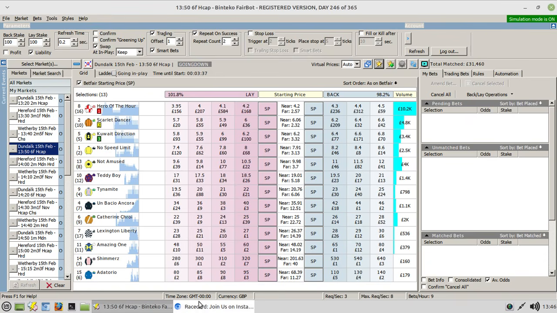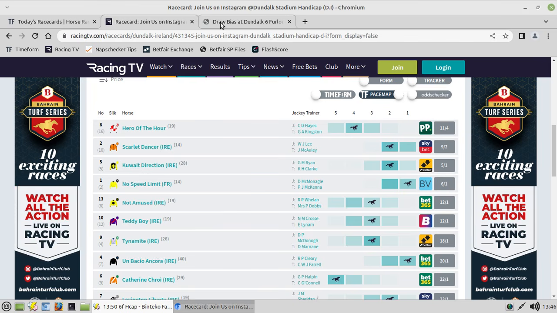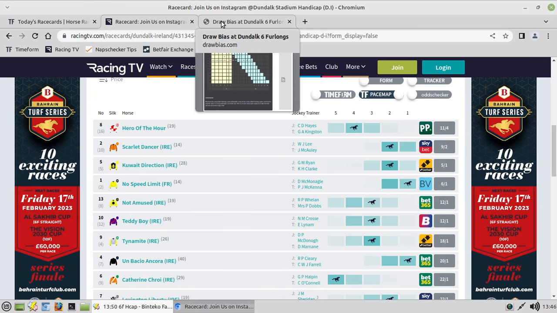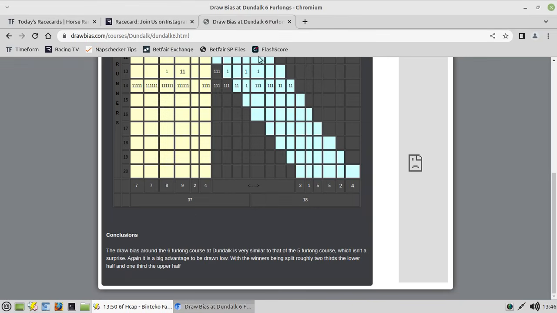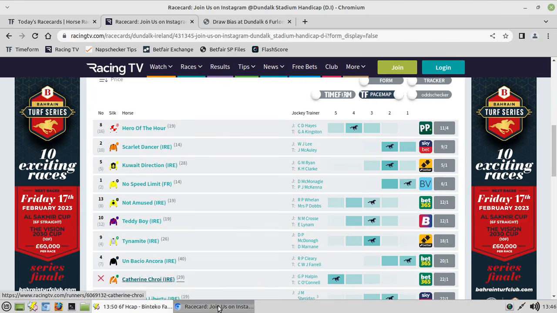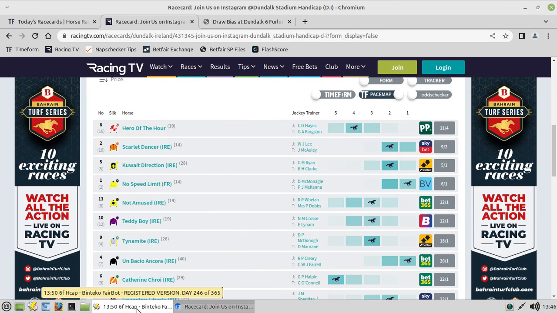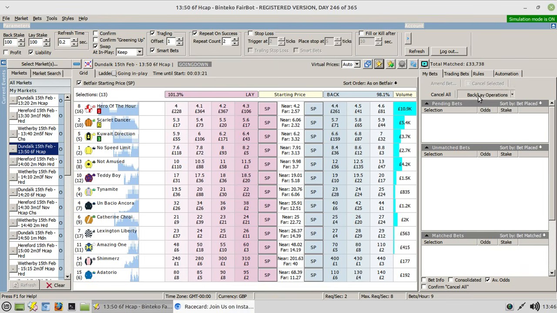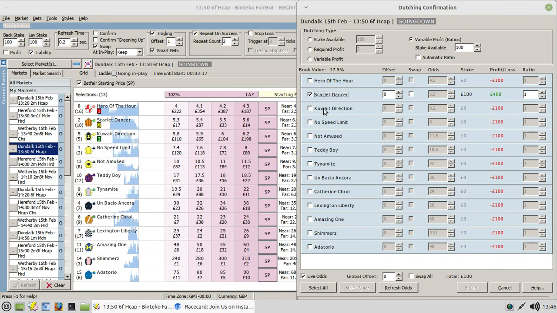So as I said earlier, that's why in all-weather races, in sprints, round a bend, you may need to start thinking about other factors when using pace maps. So what we'll do is look at that Scarlet Dancer, Q8 Direction and No Speed Limit as being our selections. So that's going to be those three.